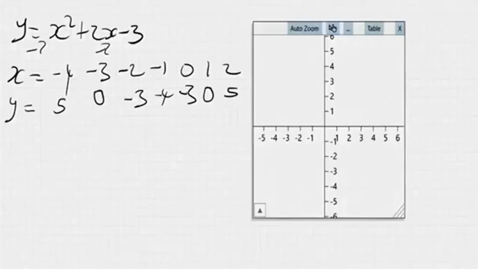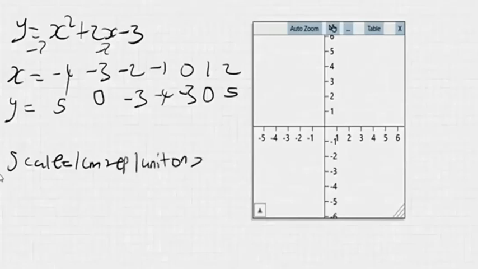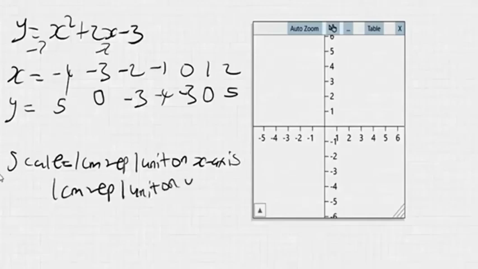Okay, so this is the graph. Let me write the scale of this graph here: the scale I used is 1 cm represents 1 unit on the x-axis, then 1 cm represents 1 unit on the y-axis.